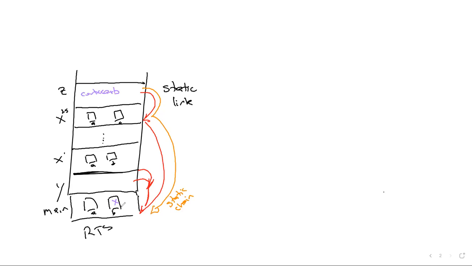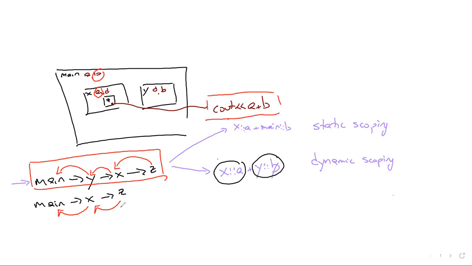The compiler, during compile time, goes and for every scope gives what's known as a nesting value. What does a nesting value mean? If we assume for a second that the nesting value of our main is 1, then the nesting value of X will be 2. It's nested one more level in.